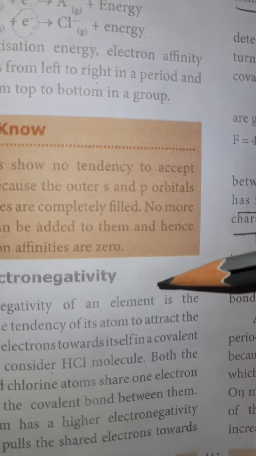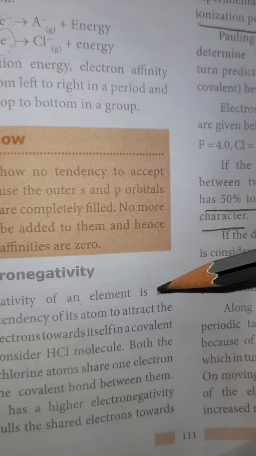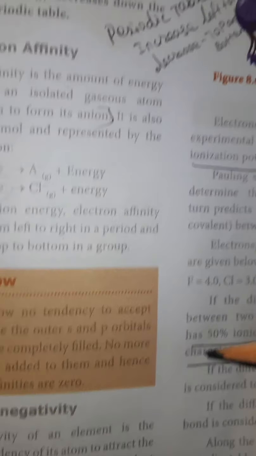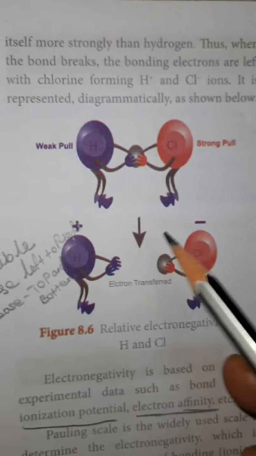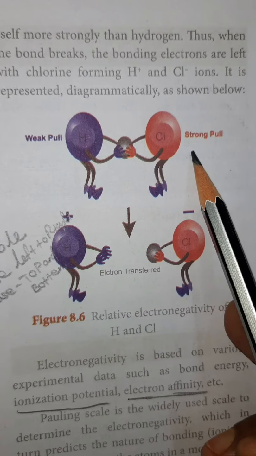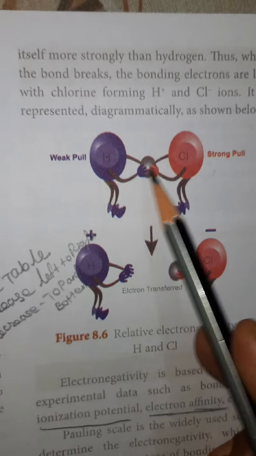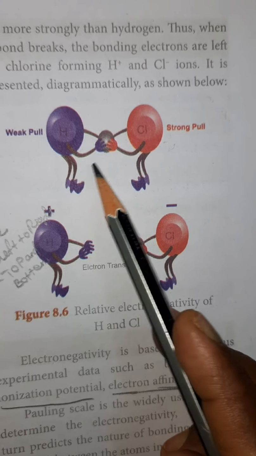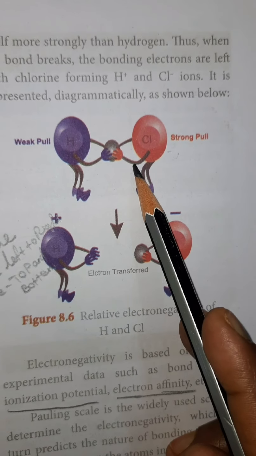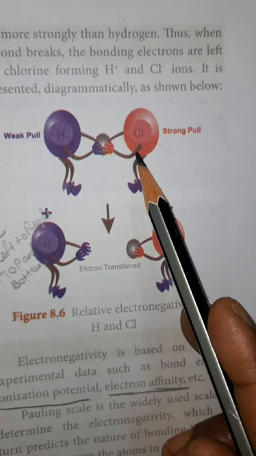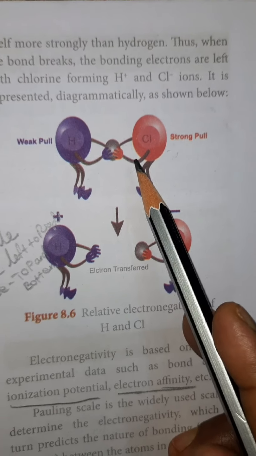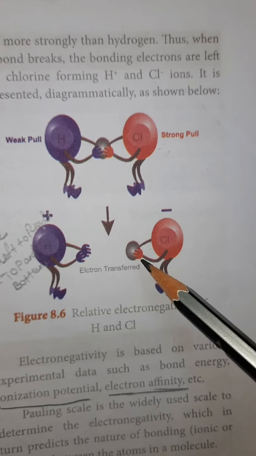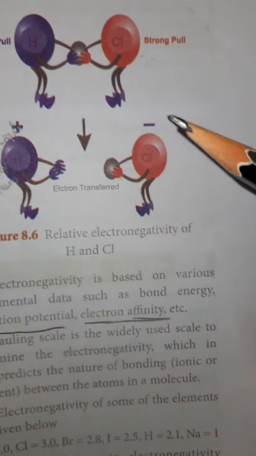Electronegativity. What is electronegativity? Let us consider the HCl molecule. Hydrogen and chlorine atoms share one electron each to form a covalent bond between them. The chlorine atom has higher electronegativity, and hence it pulls the shared electrons towards itself more strongly than hydrogen.